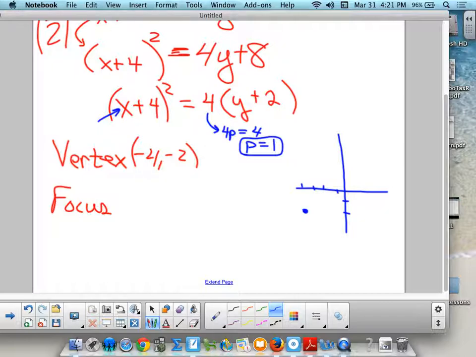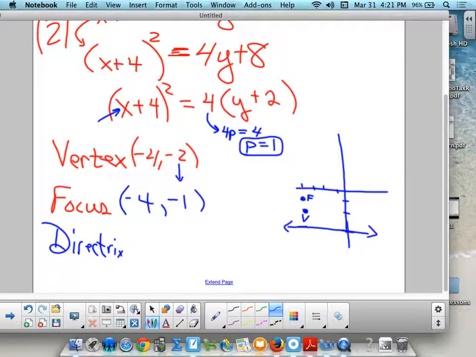And since we're going up 1, this is the focus. This is the vertex. So the focus is up 1. Up 1, you can just pretty much add 1 to the y. You're going to get negative 1. The directrix, well, let's just drop it 1, and it's a line this way, right? That would be y equals negative 3.